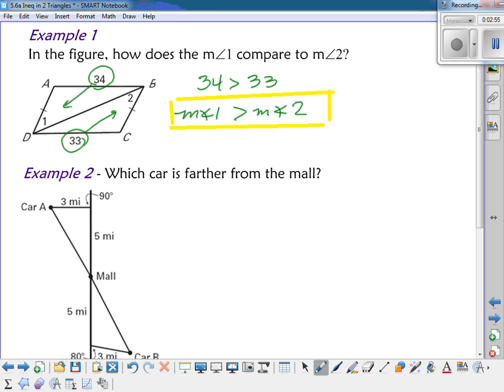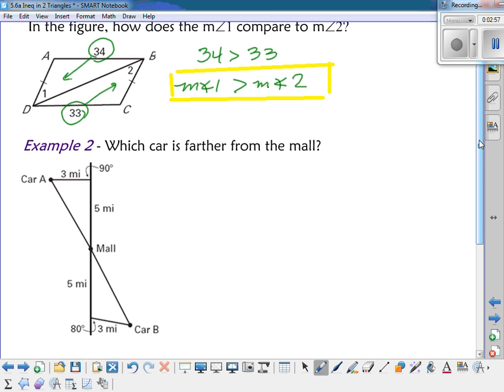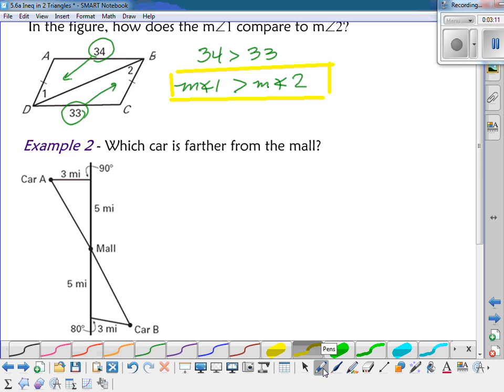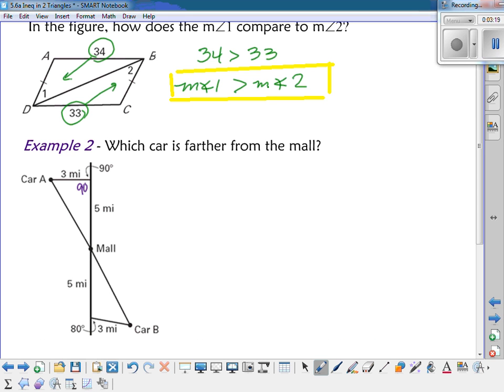Looking at our next example, we have a figure with some cars and they're a certain distance from the shopping mall. I want to know which car is further from the mall. First of all, they gave me angles on the outside, so I need to figure out the angles on the inside of the triangle. Up by car A, I can see that the exterior angle is 90 degrees, so that means this angle inside is also 90 degrees.